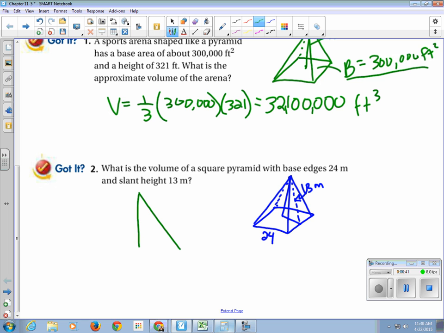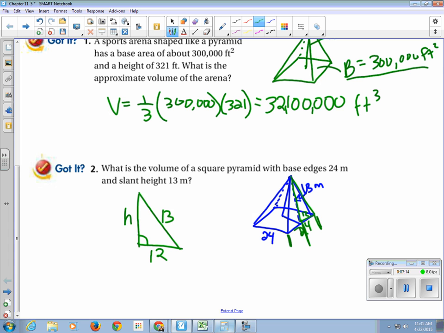Anytime you're given the slant height, we are going to use that. If the whole side is 24, I'm just looking at this little triangle here where I got 13 for my hypotenuse and 12 for my leg, and I want to find the altitude, which is that dimension there.